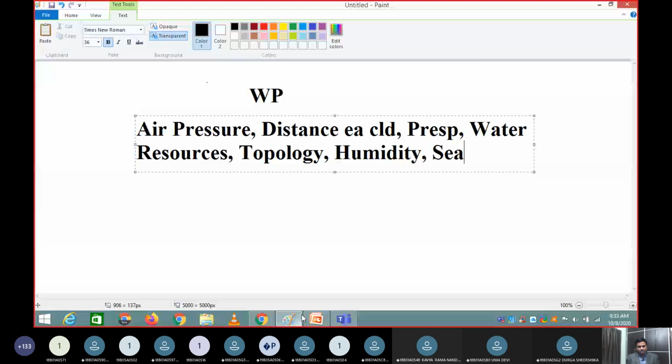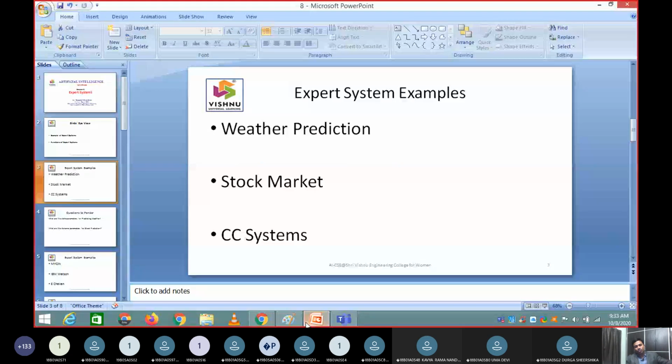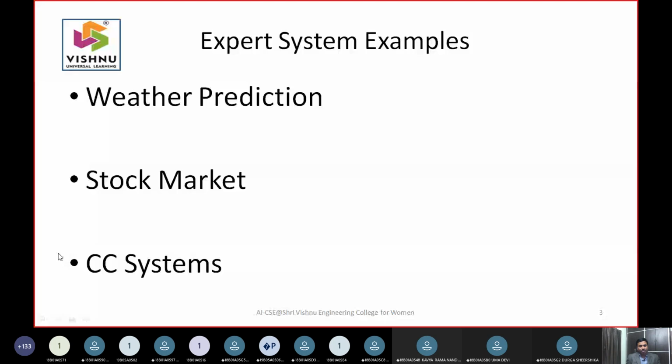So the statement I'm making is, if you accommodate more dynamic parameters into the system, there is a chance that the prediction you make in real time will be closer to what is actually happening. It's very difficult for an expert system to process many dynamic parameters, but when you process more dynamic parameters, you will get more accuracy. This is the outcome.